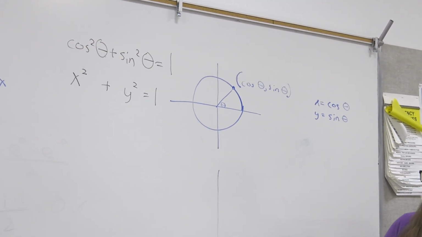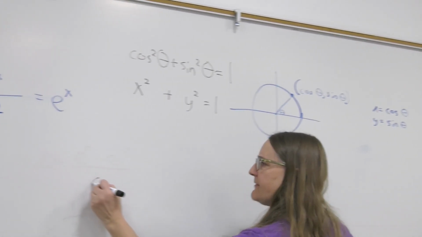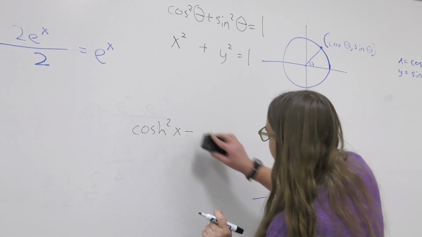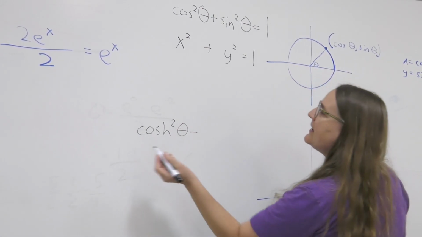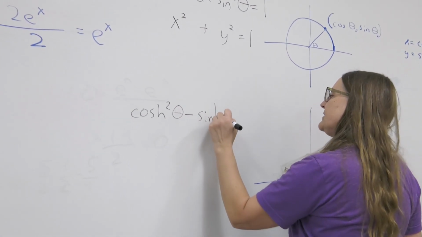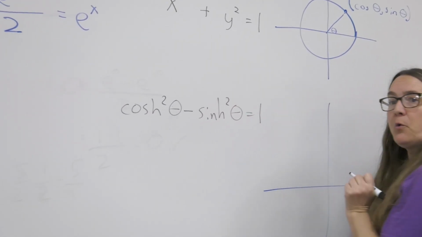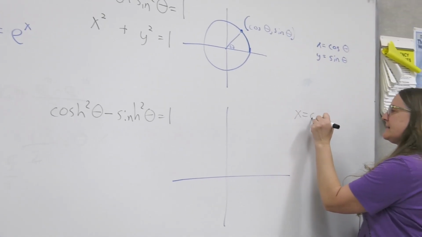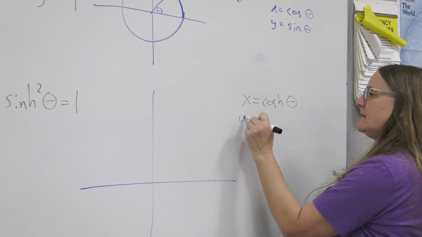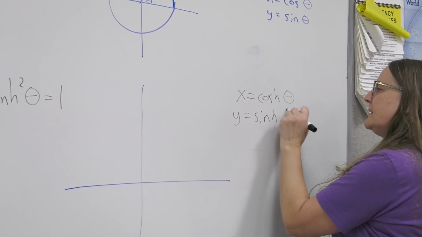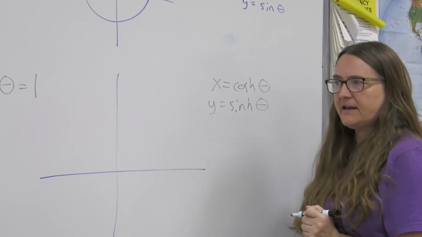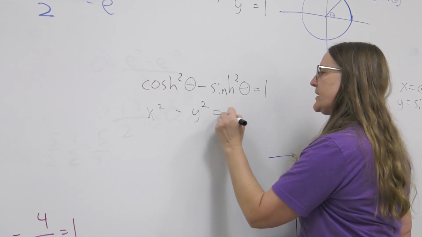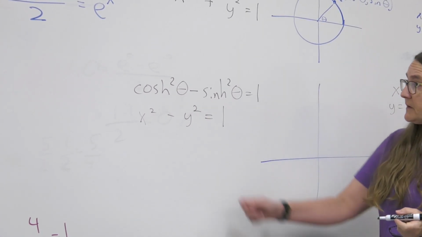Now, if I try to do something similar with this identity, I've got cosh squared theta minus sinh squared theta is equal to 1. Now, if I say, let's let x equal cosh theta and y equals sinh theta, this becomes x squared minus y squared is equal to 1.